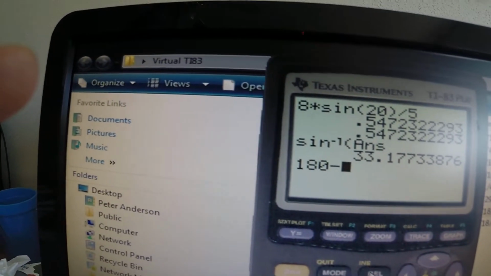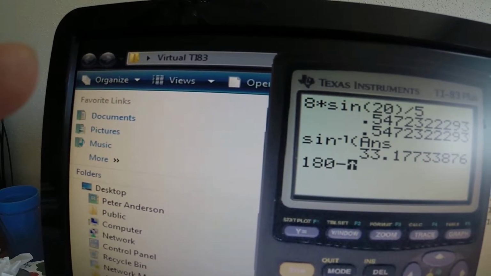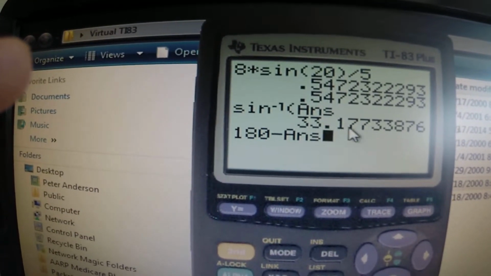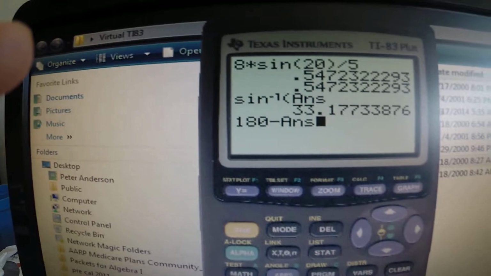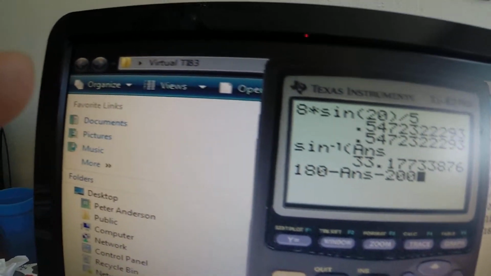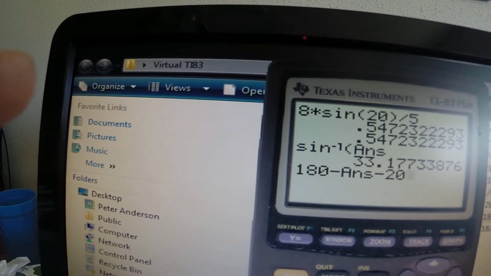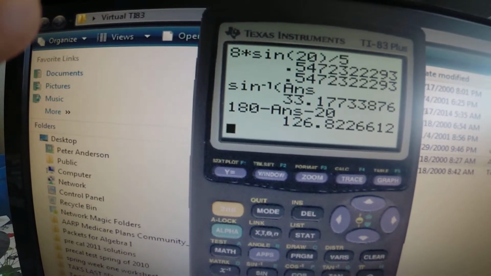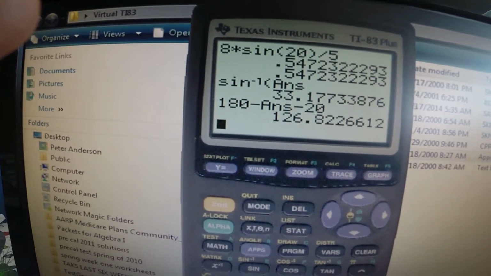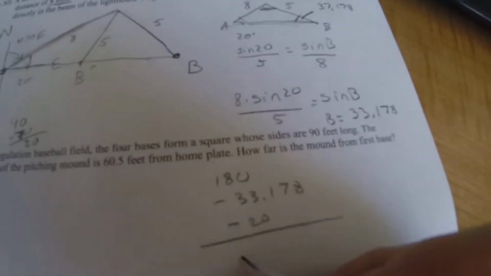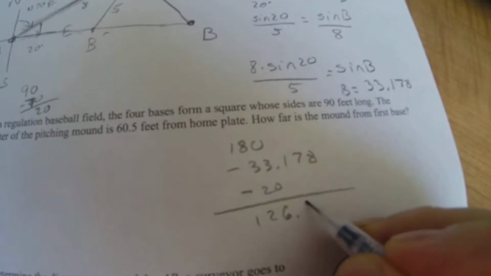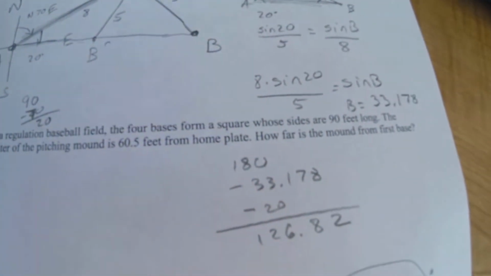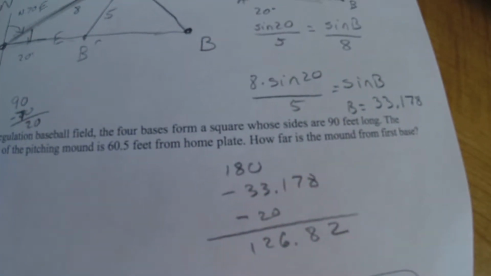I'm going to hit second answer because what's written above is 33.178, but more precise. Minus 20. Sorry, my computer is very sensitive. I click on buttons. It's 126.82. All right, very cool.